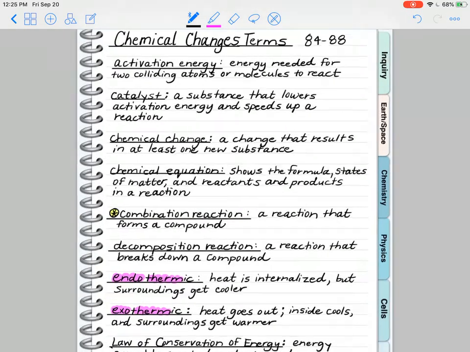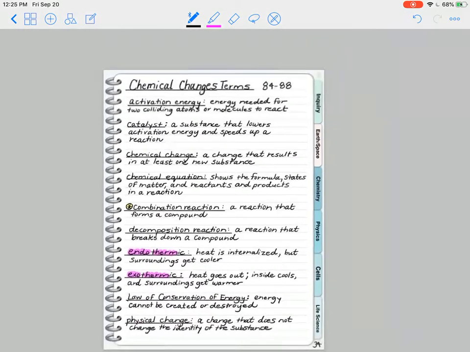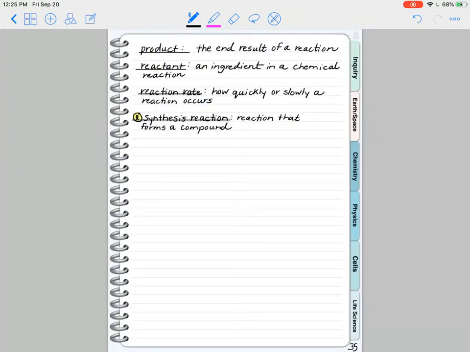Well, it's a combination reaction. Those mean the same thing. They're exactly the same definition because they're the same process. So the books can call it synthesis, they can call it combination, but it means the same thing.